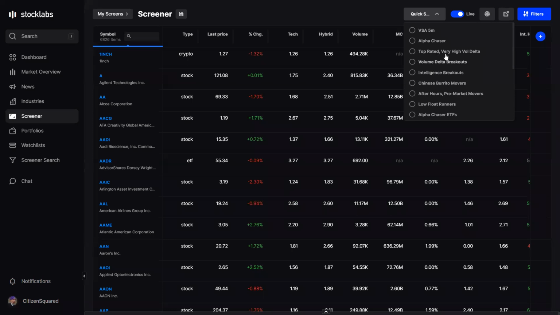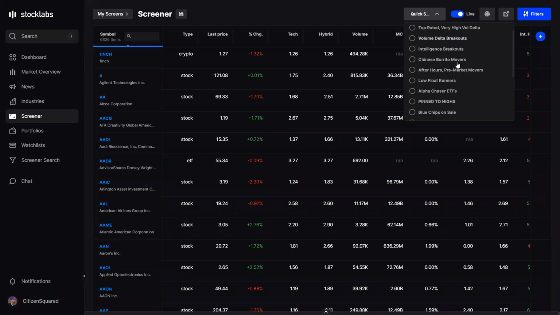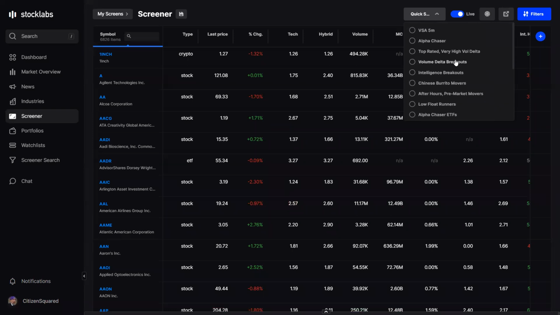He's usually using one of these screens. So these are available to use the same exact tools that he's using. So I'm going to click through some of them just to highlight some of the individual components that are unique to Stocklabs versus screeners that you'll find at basically any other service.